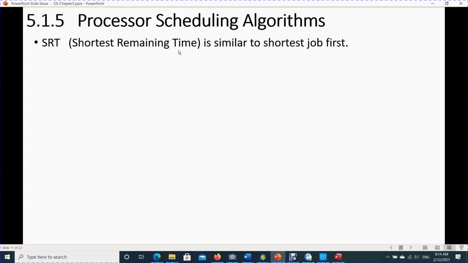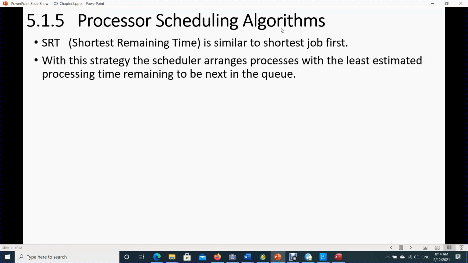Shortest remaining time is an algorithm similar to SJF, shortest job first. With this SRT strategy, the scheduler puts the processes in the queue in order of the least remaining processing time.